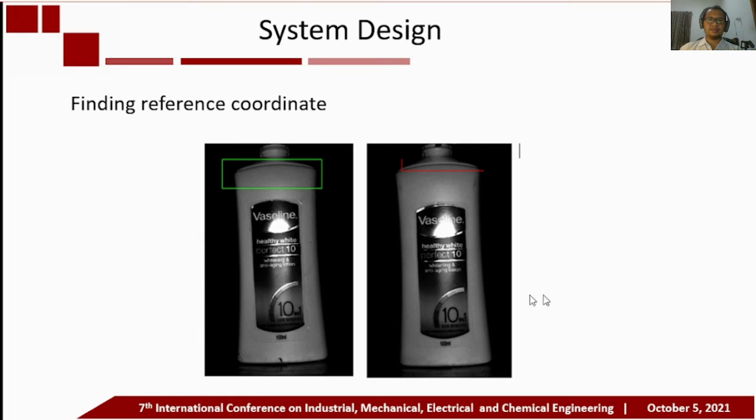And then the next task is to find a reference coordinate. Here we use the upper body of the product container as the reference coordinate. Using this coordinate, we can easily detect where the label position or the neck position is.